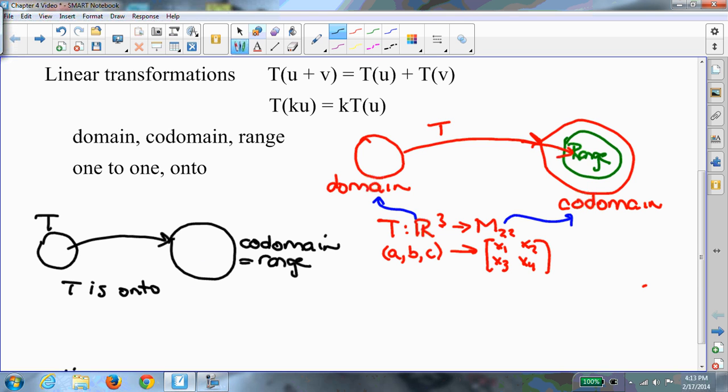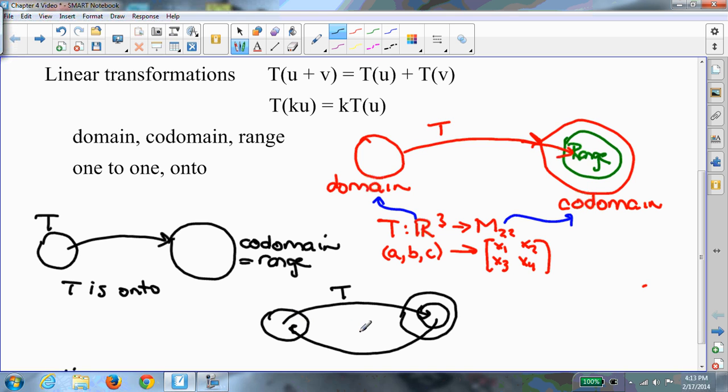A third situation, let's say I have my domain and my codomain, and here's my range. And not only do I have a T that maps this way, but I also have a T inverse that goes in the reverse direction. So here's my domain, and here's my range.